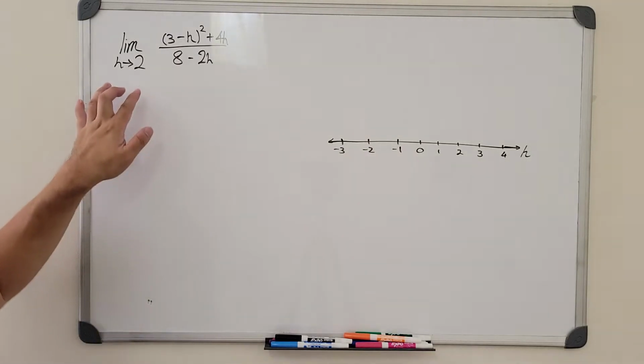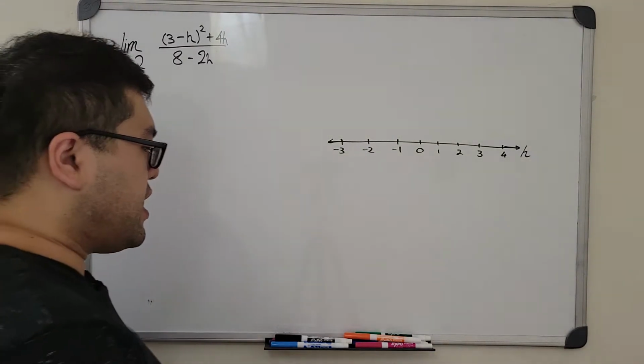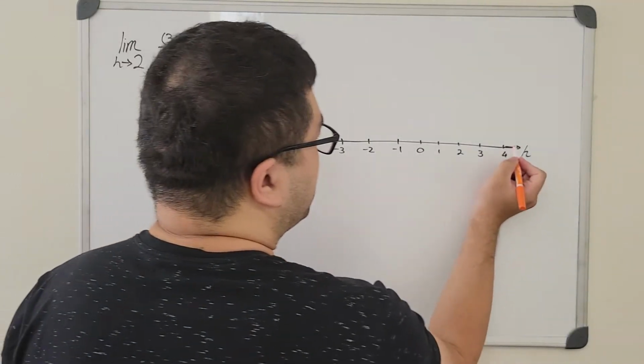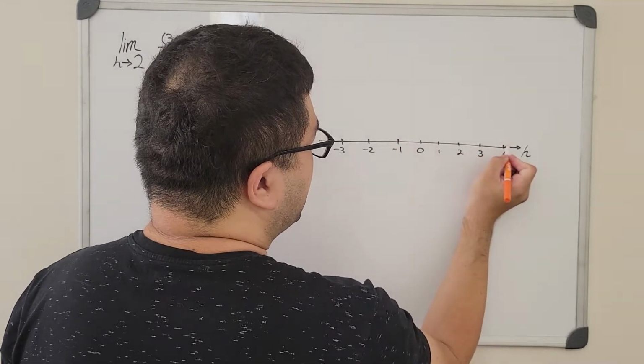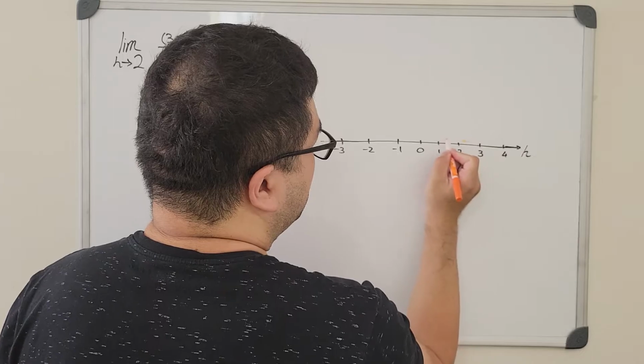The concept of h approaching 2 means that for the value of h, we try to find something very close to 2.